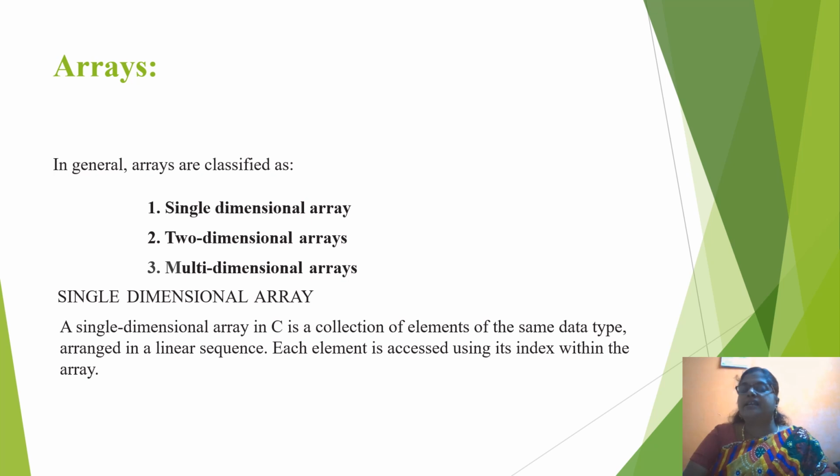A single dimensional array in C is a collection of elements of the same data type arranged in a linear sequence. In this, each element is accessed using its index.